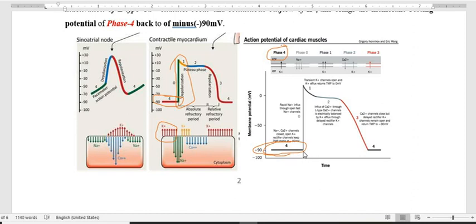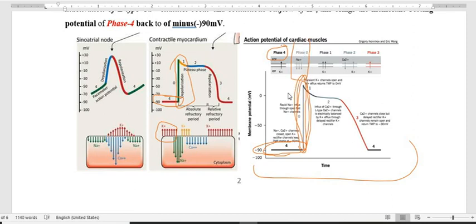Once the neighboring cell is activated, the sodium channel opens, and entry of sodium within the cardiac myocyte gives rise to the action potential, and the membrane potential changes from minus 90 to plus 40 millivolt. This is called the depolarization phase, or phase 0.